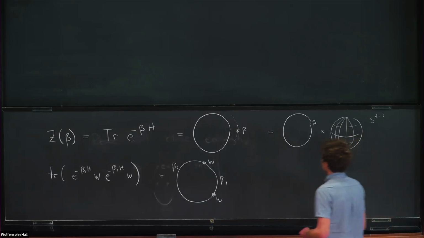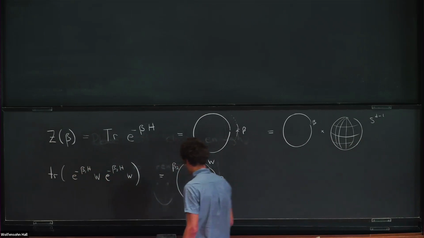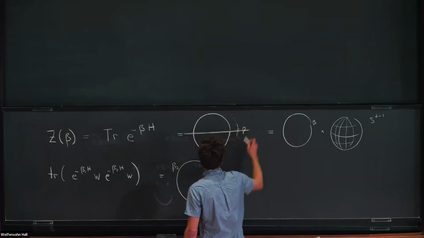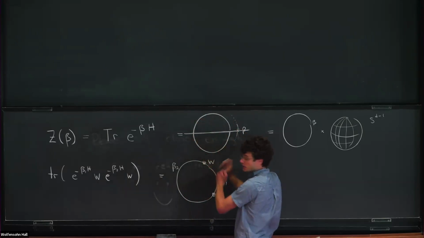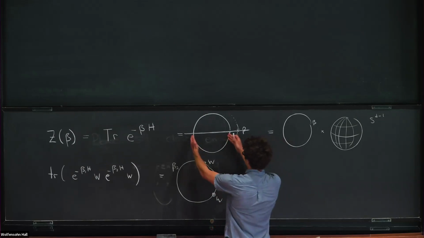Okay, and another thing that will be useful is if we start with this thermal partition function and we cut it here. So we take the path integral on this manifold and we cut it here. Then we get a Hilbert space that consists of two copies of our quantum mechanical system in an entangled state.